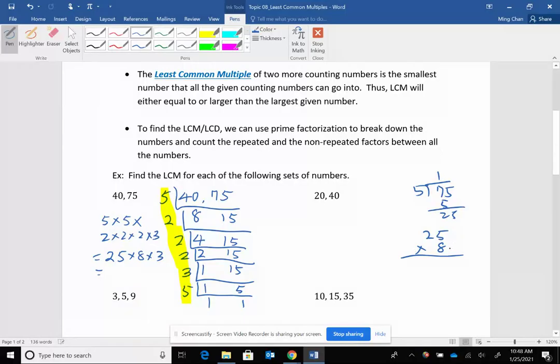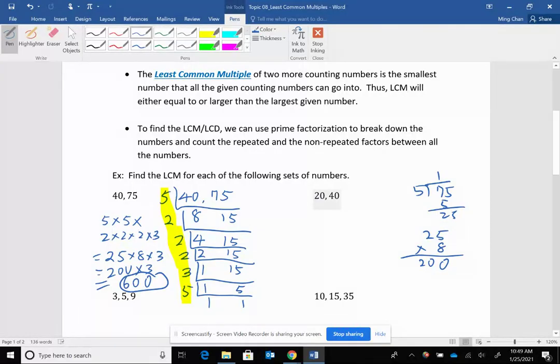This is 40, carry 4. 8 times 2 is 16 plus 4 is 20, so 200. So 25 times 8 is 200, times 3 will be 600. So 600 will be the answer. 600 is the smallest number that both 40 and 75 can go into. The next one that 40 and 75 can go into will be 1200, right? Just twice as big as 600.